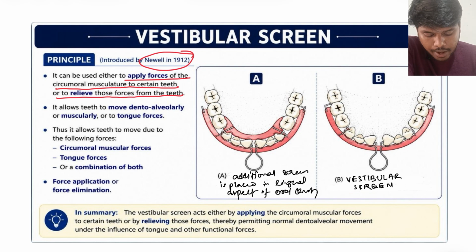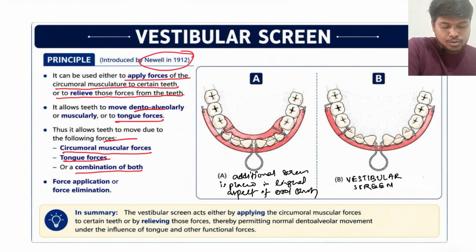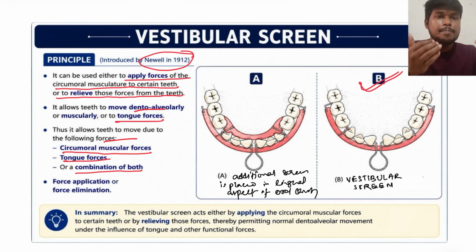Okay, it allows teeth to move dento-alveolarly under muscular or tongue forces. Thus it allows teeth to move due to the following forces: circumoral muscular forces, tongue forces, or a combination of both. So if you see the diagram, you see B. This is the vestibular screen placed inside the vestibule between the labial aspect of the teeth and the cheeks. Okay.